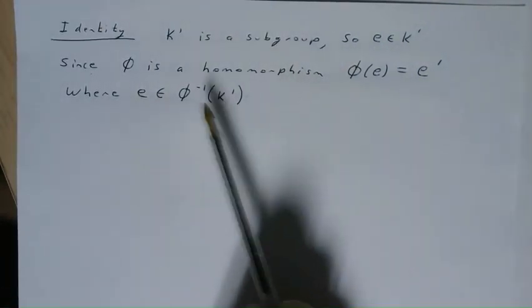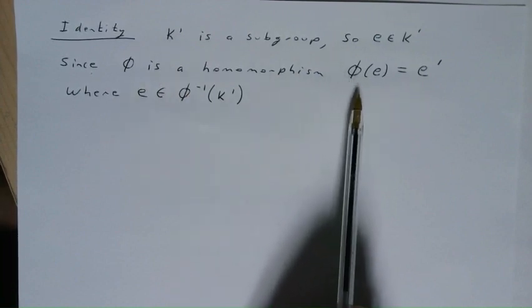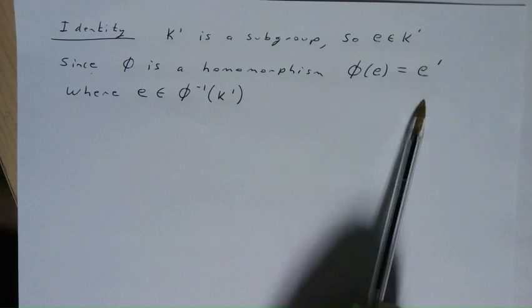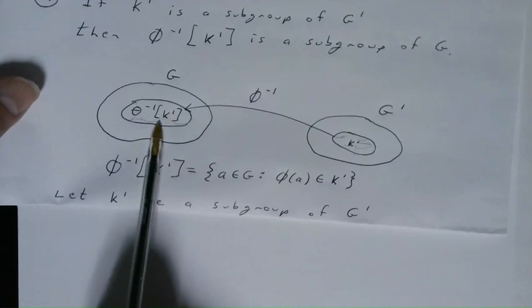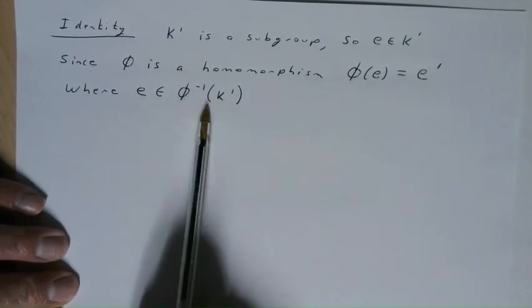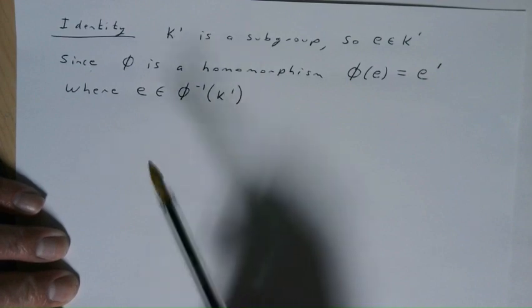So in other words, phi is a homomorphism, so phi will map identity from one group to identity of another group. And so this had to have come from this set here. So therefore, that is in phi inverse K prime.